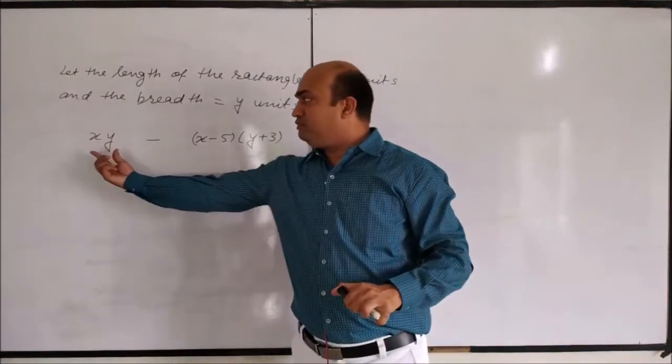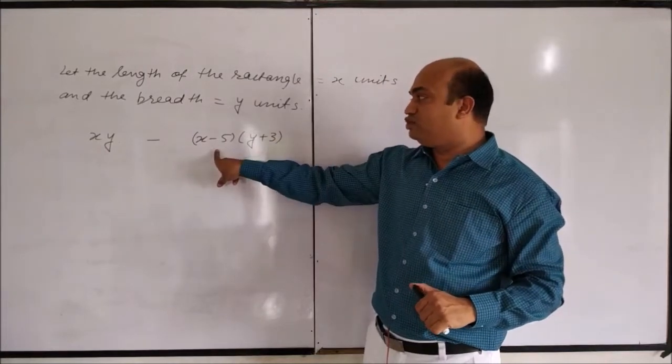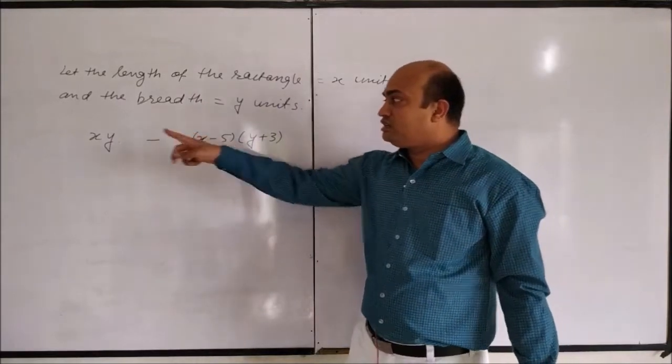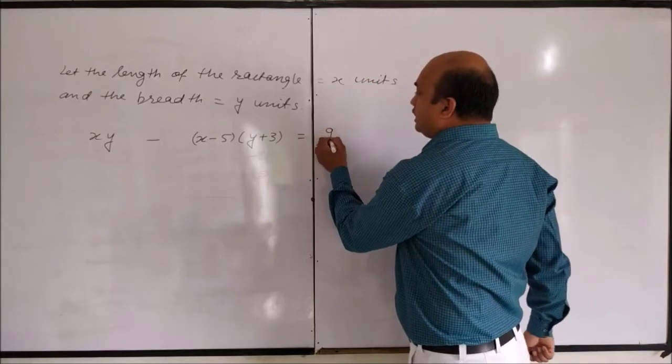That is, this is the previous area and this is the area obtained by reducing the length by 5 units and increasing the breadth by 3 units. This is the new area, this is the old area, and the difference is given as 9.